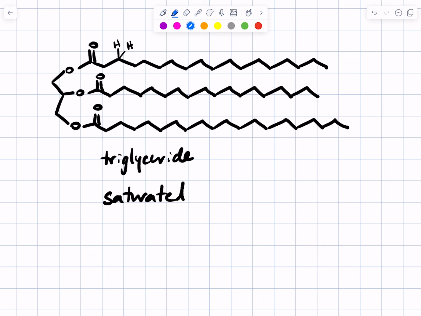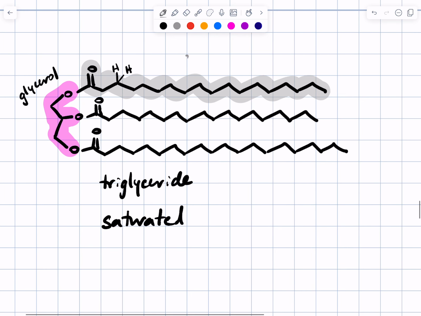Just to keep you oriented, this portion of the triglyceride comes from the 3-carbon alcohol glycerol. And then this non-polar portion, which can be anywhere from like 10 to 18 to 20 carbons in length, we call that the fatty acid, because if you hydrolyze this ester linkage between glycerol and the non-polar portion, what would come off here is a carboxylic acid.